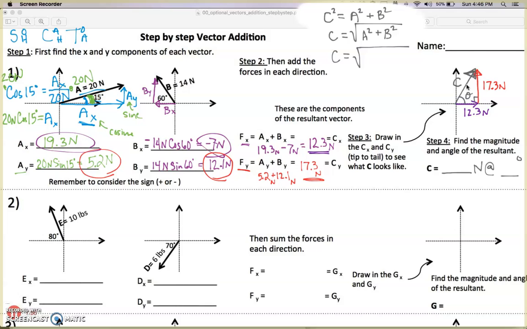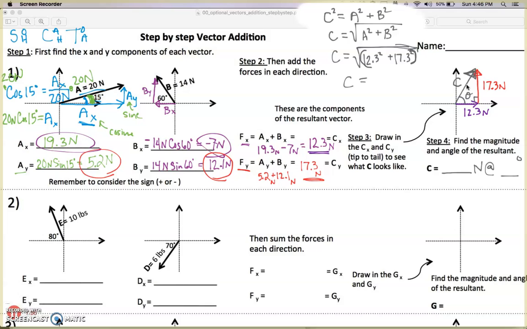That'll be the square root of 12.3 squared plus 17.3 squared. You could add those newtons in there, but I promise it comes out to newtons anyway. And I'm going to type that whole thing as a big number sentence in on my calculator, making sure that I have parentheses, which probably if you're using the square root function, it already will, but you just want to make sure that those two numbers are getting added before any square rooting is happening.